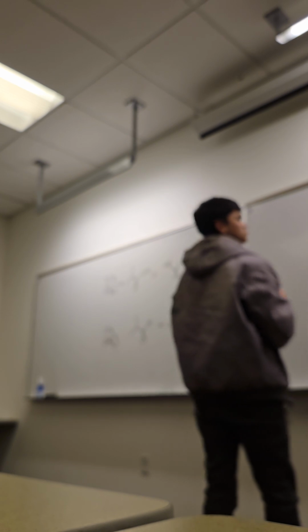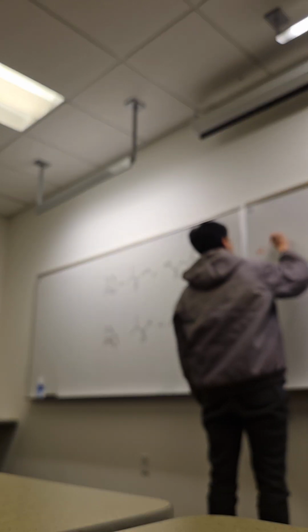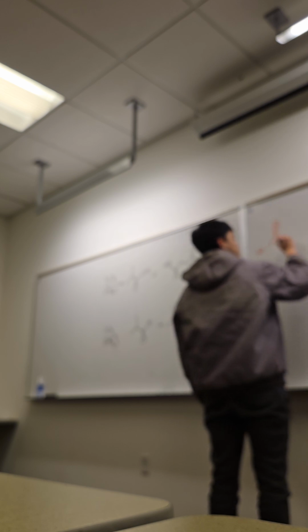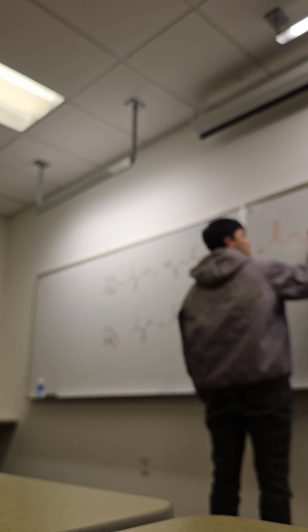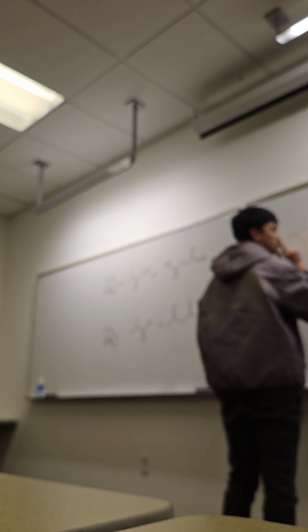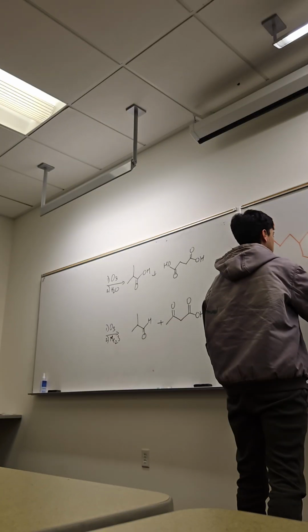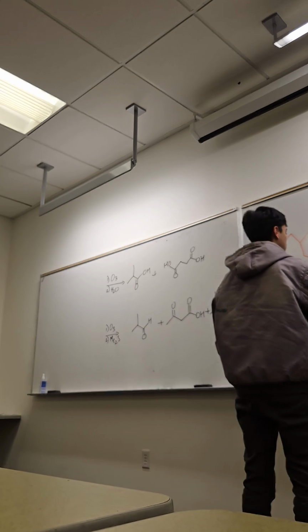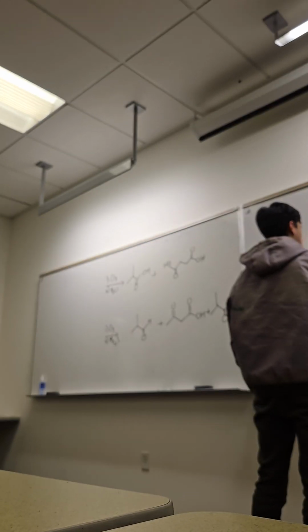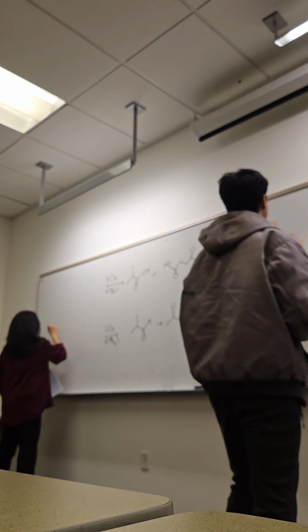Alkenes become aldehydes and ketones, and alkynes become carboxylic acids. Oh, am I missing something in the first one? Yeah, because there's 3. You're right. I'm trying to figure out how this works. Alkenes become aldehydes and ketones. Oh, yes, I am missing something. I was just thinking it might be a carboxylic acid.